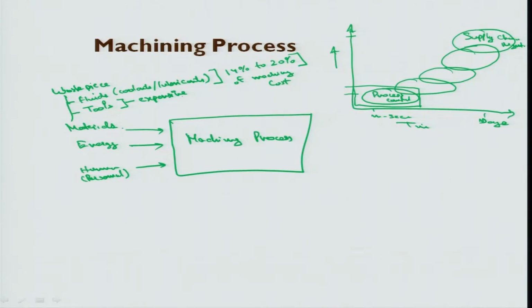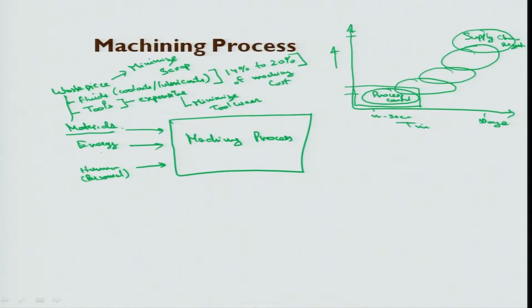So regarding tools, we need to minimize tool wear, and regarding workpiece, we need to minimize scrap, that is the chips that are produced. So this is our purpose. So this was my material.